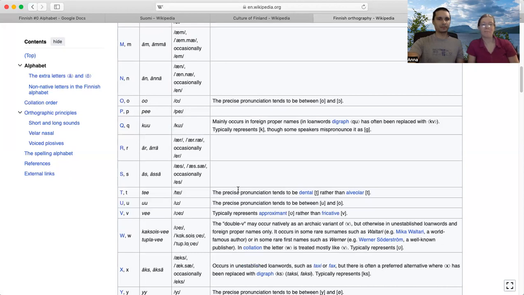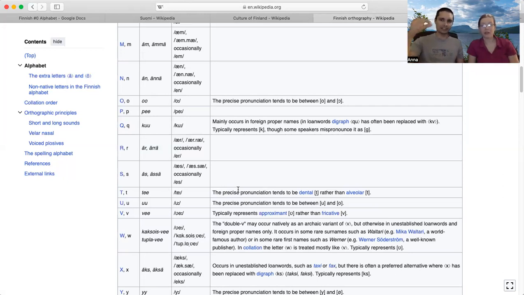What do you think? Maybe some English speakers might have too much aspiration, like with K. English phonetics is characterized by this aspiration in k, p, t. But in Finnish, you don't have this aspiration.